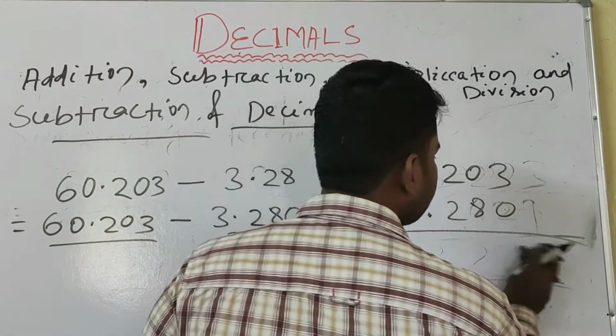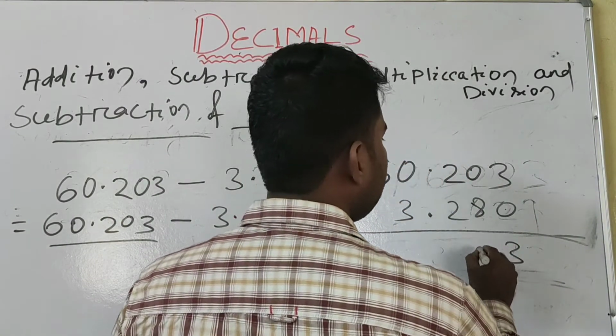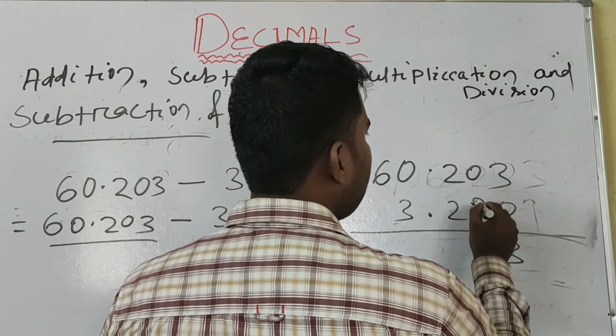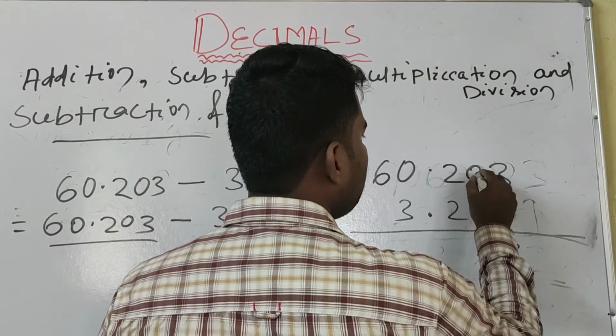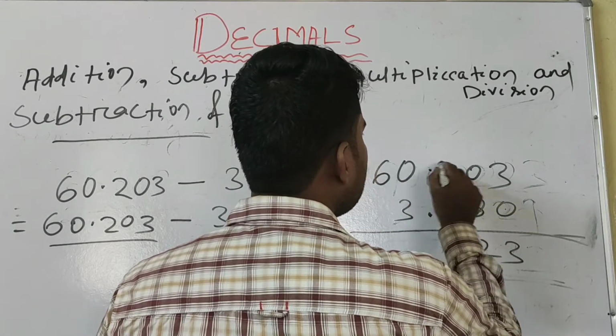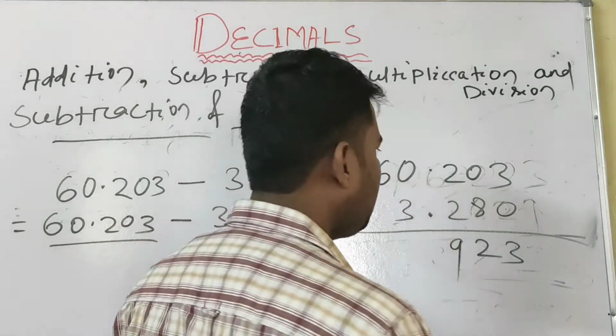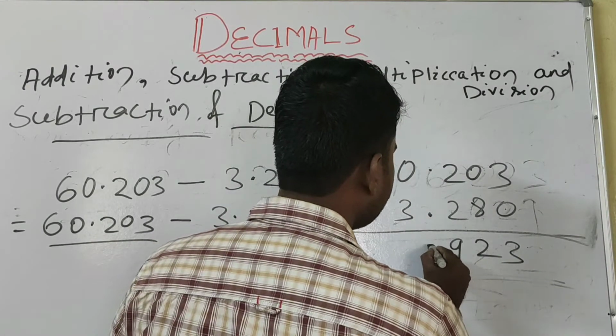8 we cannot subtract from 0, so we carry over and make it 10, 10 minus 8 is 2. And this one 11 minus 2 is 9, and we directly put the decimal point here.